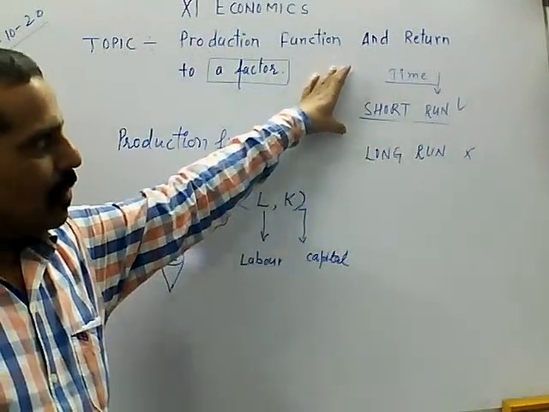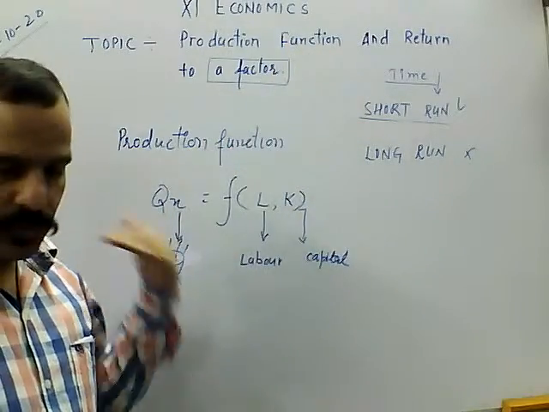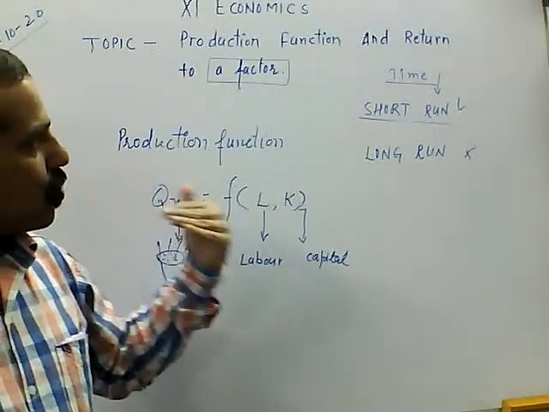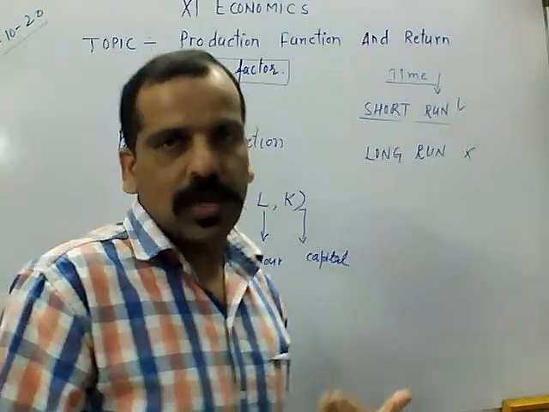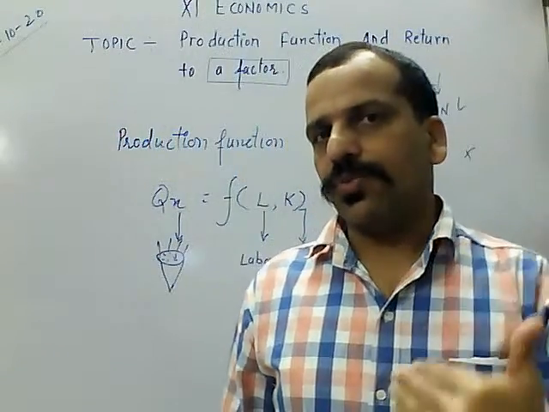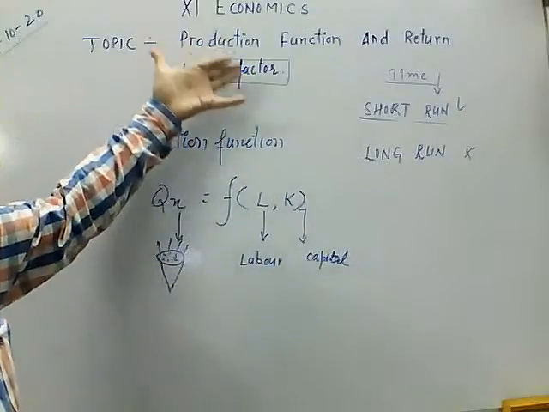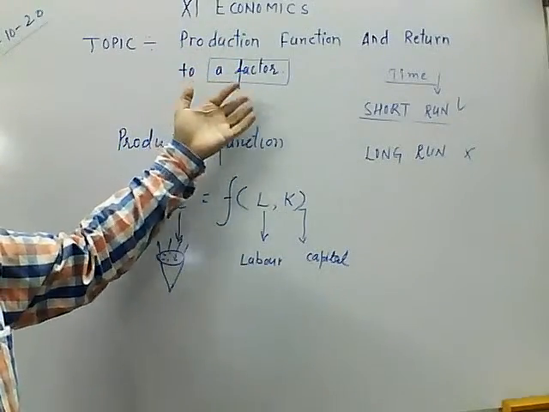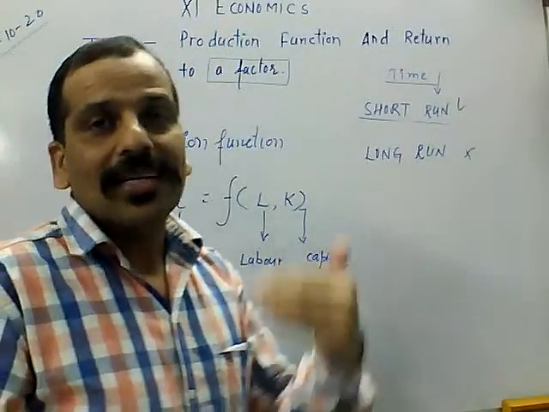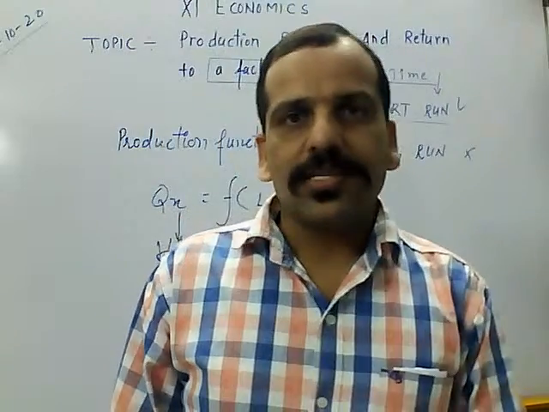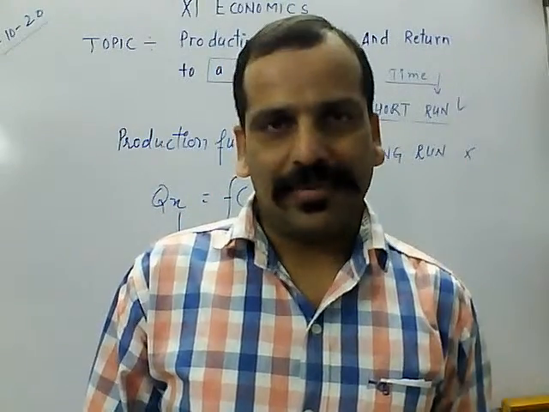So this time we will discuss the short run production function. This is also called short run production function. Why is this called short run production function? Because we are talking about only one factor of production which you can change. With the change, output is also affected.